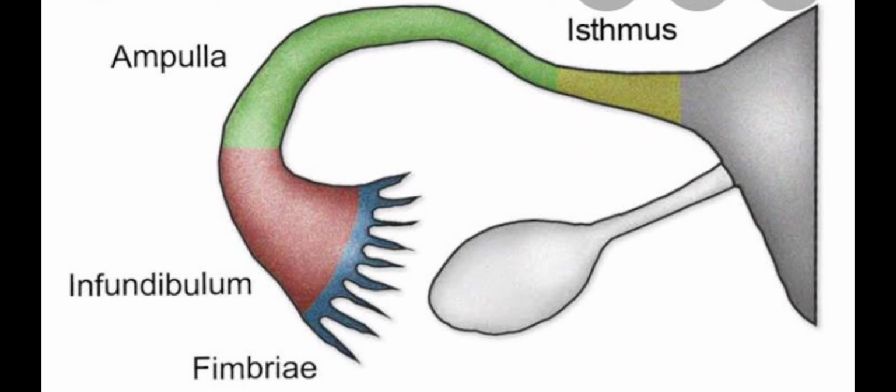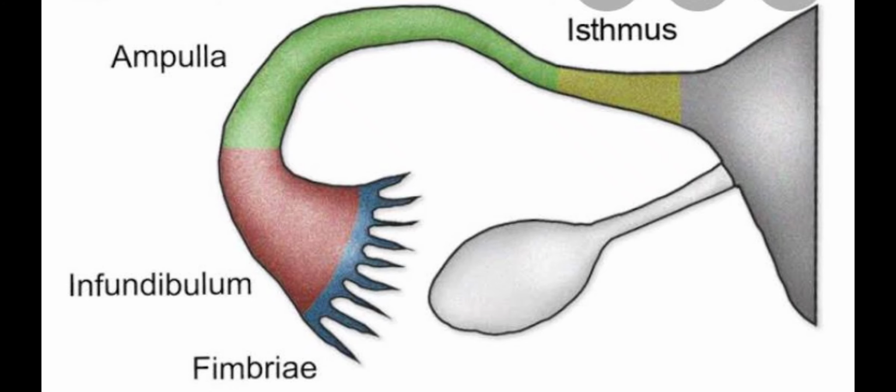The next part is the ampulla, which is in continuation with the infundibulum, and it is the wider part. Next is the isthmus. This is the last part with the narrow lumen, and it finally joins the uterus. Now, note it down very carefully that fertilization occurs in the fallopian tube, as you have learned in your 10th standard, but here we are going to learn the exact location where fertilization occurs.